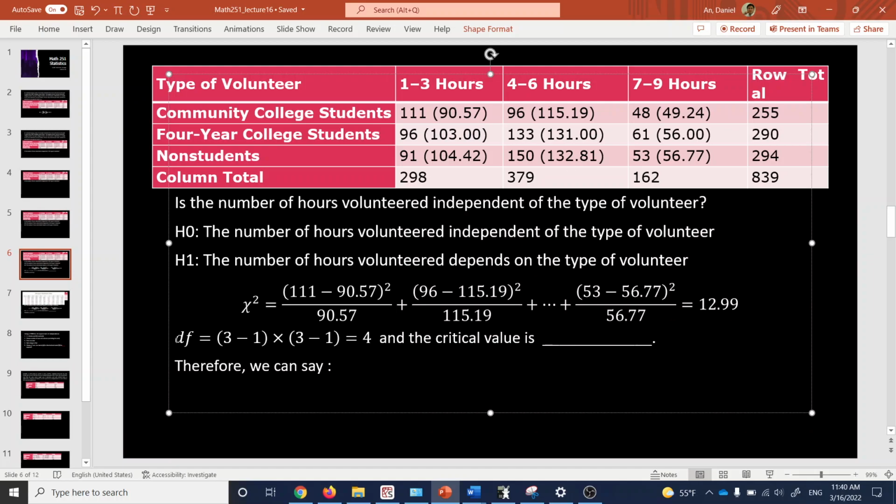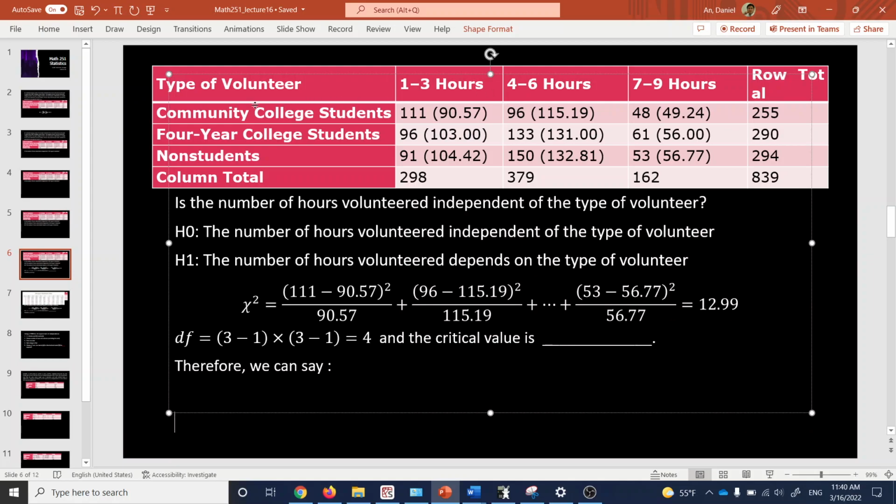All right, so here's the formula for the degrees of freedom. For the chi-squared test, you always need to calculate the degrees of freedom, just like the t-distribution. The formula for the degrees of freedom for the chi-squared test of independence is the number of rows minus 1 times the number of columns minus 1.